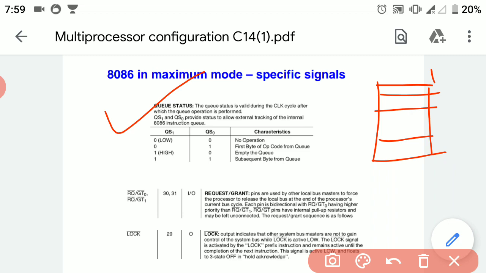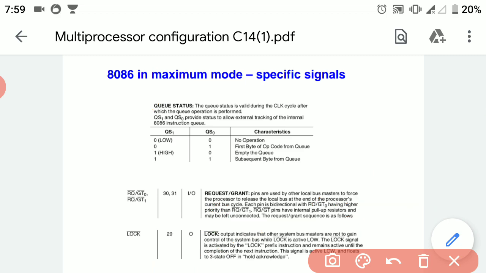It actually prefetches the instruction which is going to be executed and stores it in the queue, and the last instruction that is taken out from the instruction queue is executing, and the next instruction which is going to be executed is fetched by the instruction queue.